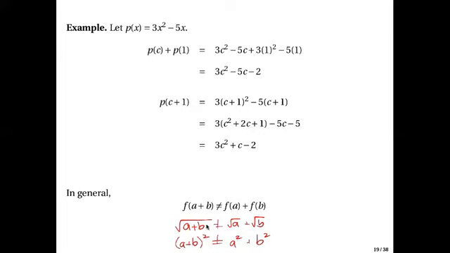You have this, or in more generality, in general, if you have a function, a given function f, f of a plus b is not always equal to f of a plus f of b. So this square root here is an example of f. This square here is an example of f. So we now generalize it.